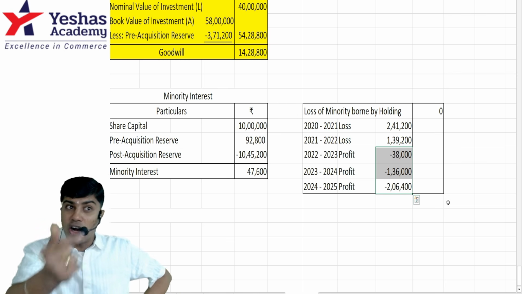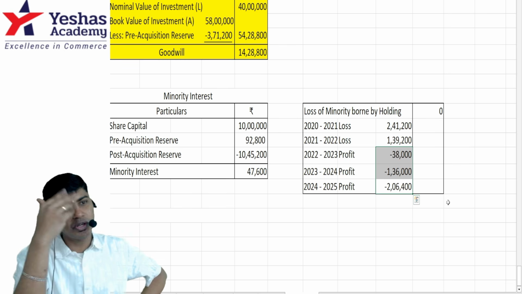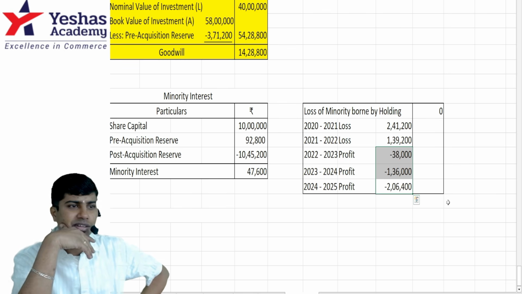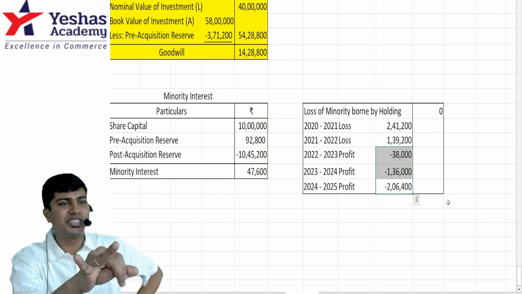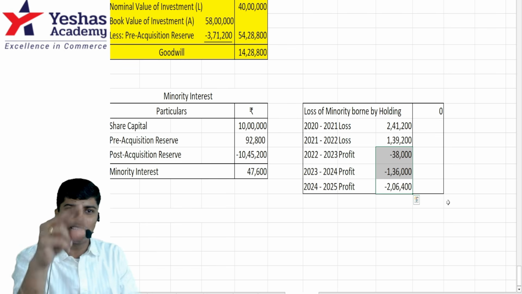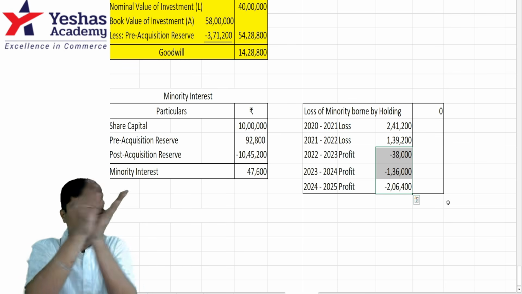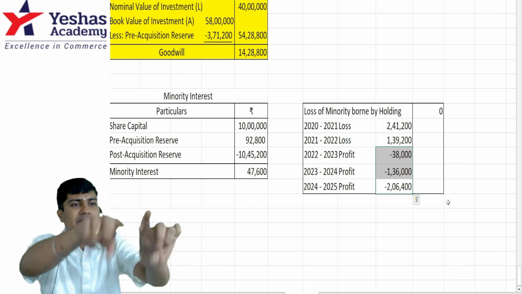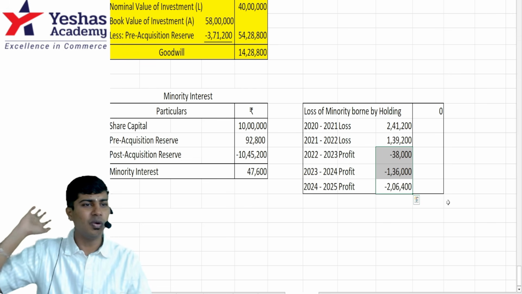This was a lottery question. 7 marks for just computation of cost of control, because it doesn't change every year. And 7 marks for minority interest, where share capital is same, pre-acquisition reserve is same. Only post-acquisition reserve is changing every year. So loss will keep changing. You will compute that share and write it. It will become negative, but write it zero. Tell this much loss to be borne by holding every year.